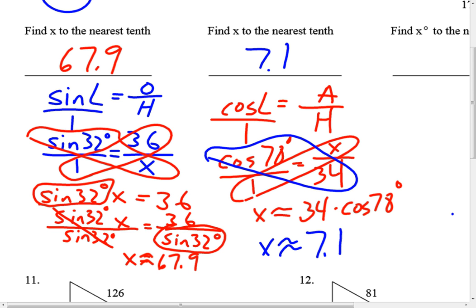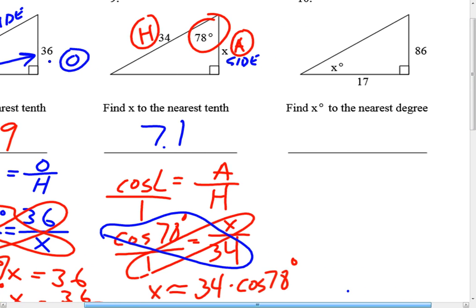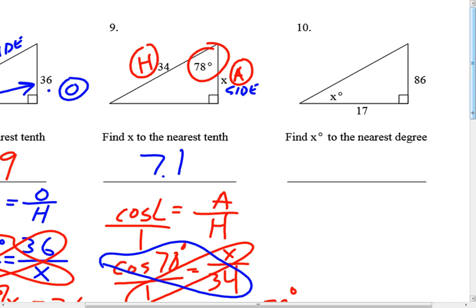Was I looking for angles or sides for those first two questions? Sides. Both of those, I was looking for a side. Well, what am I looking for here? Angle. I still circle it. I'm looking for that angle.